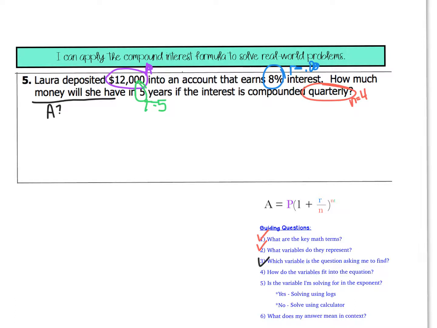So my next question is, how do the variables fit into the equation? All right, so I'm going to take that equation that we were given, and I'm just going to plug everything in.